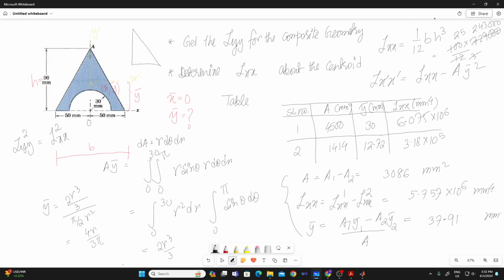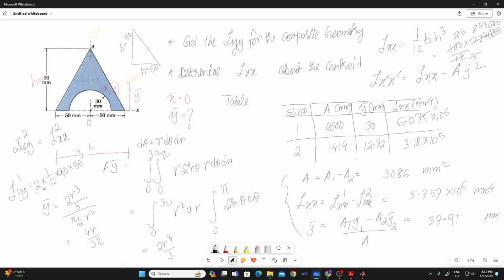Whether you use that formula, I don't care, because it's a very simple formula, or you can derive it. Now if I take half the triangle and consider this to be the B, then B is 90 and H right here is 50. So the Iyy for part 1 would be 2 times 1 by 12 into 9 into 50 cube.